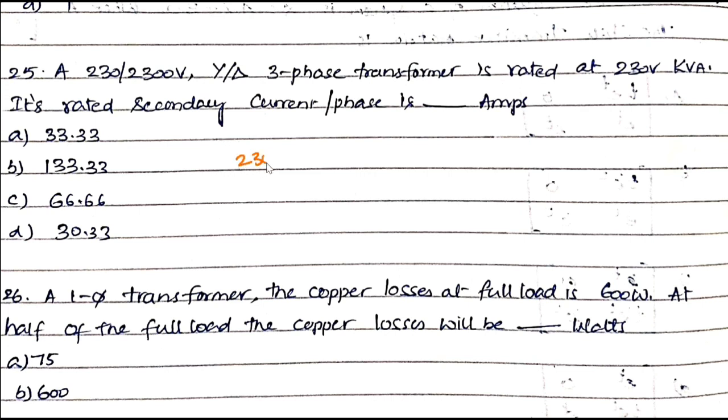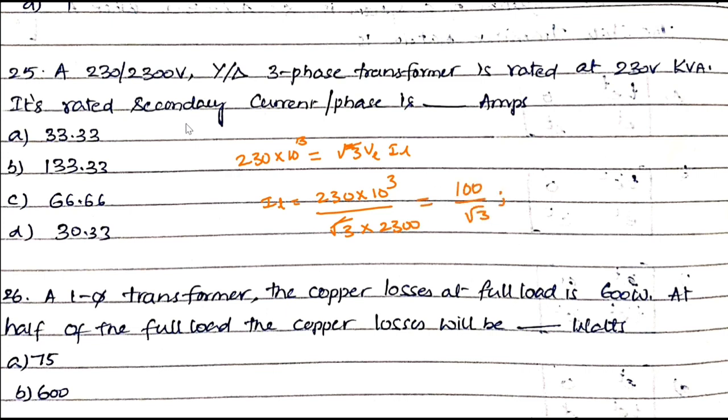So 230 into 10 power 3 is equal to root 3 times VL into IL. So from this, IL is equal to 230 into 10 power 3 divided by root 3 into VL value 2300. So simply it is going to be 100 divided by root 3.